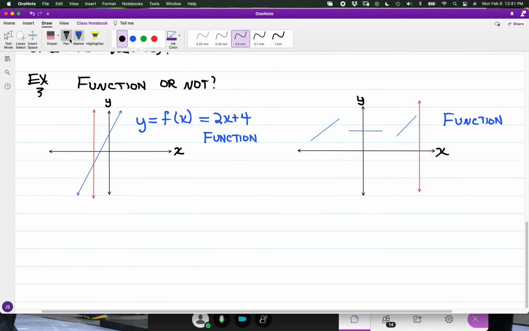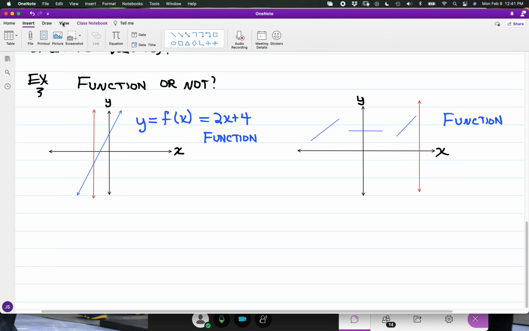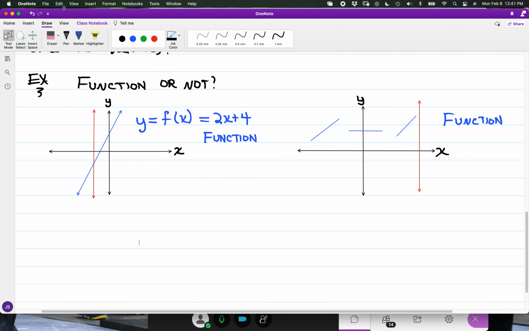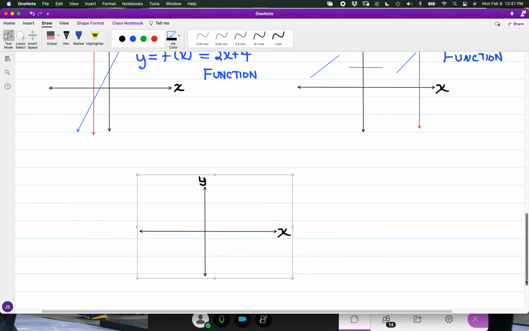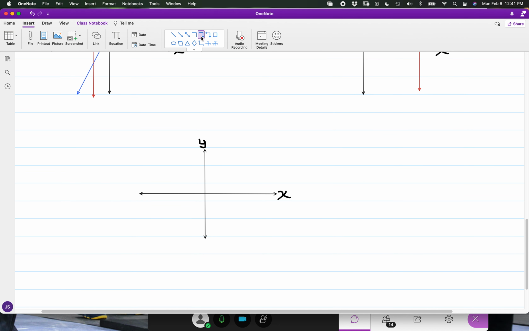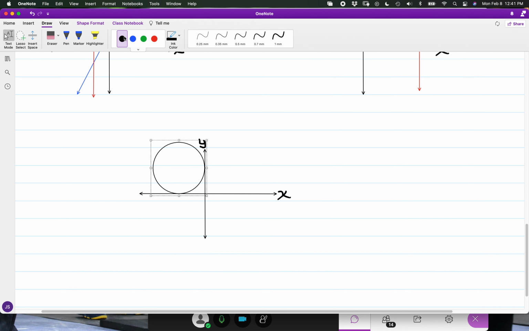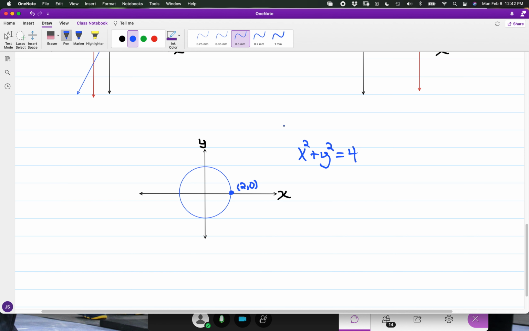Now let's say we have, as a case, a circle, and we're going to have this one defined by the equation x squared plus y squared is equal to 4. This is going to be a circle centered at the origin, with a radius of 2.